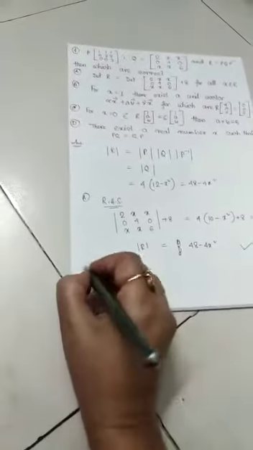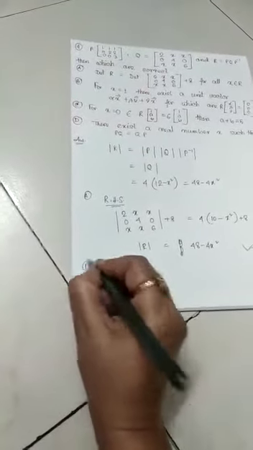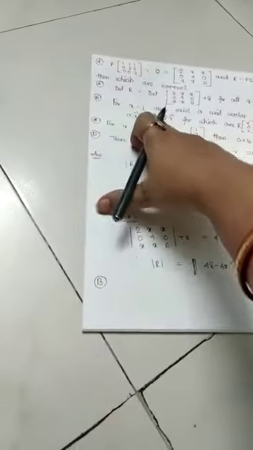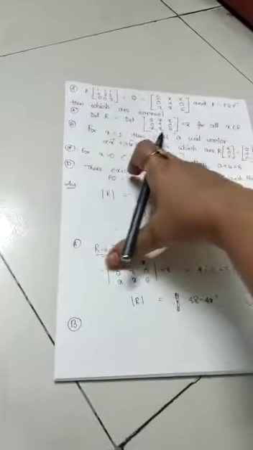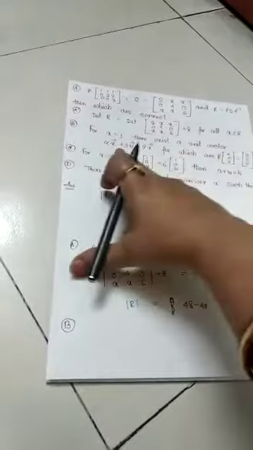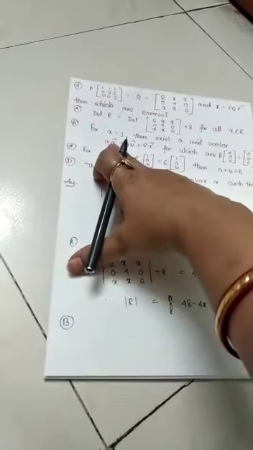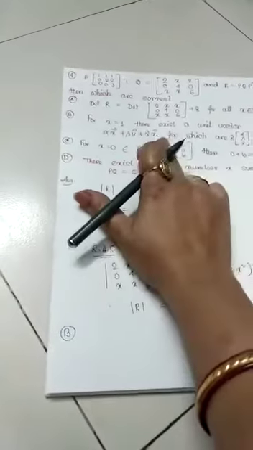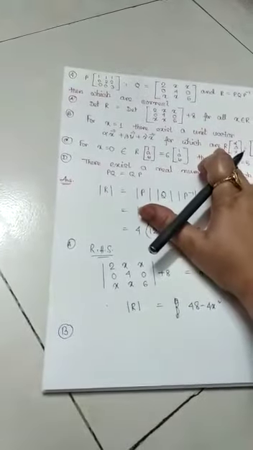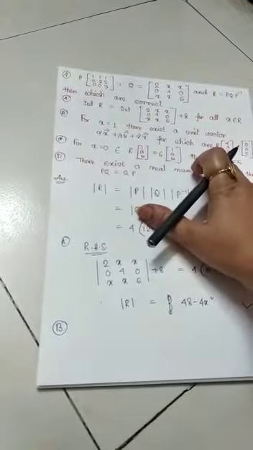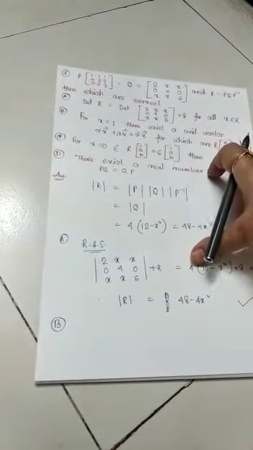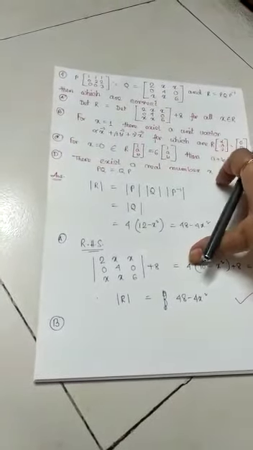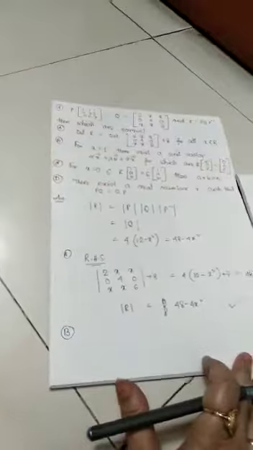Option B: for all x not equal to 1, there exists a unit vector alpha i plus beta j plus gamma k for which R times the vector alpha, beta, gamma is equal to 0 0 0.